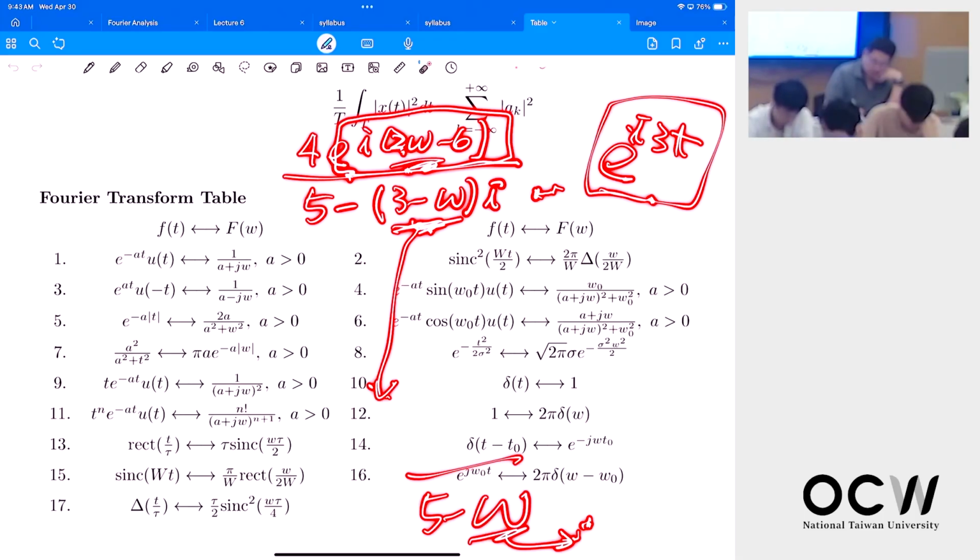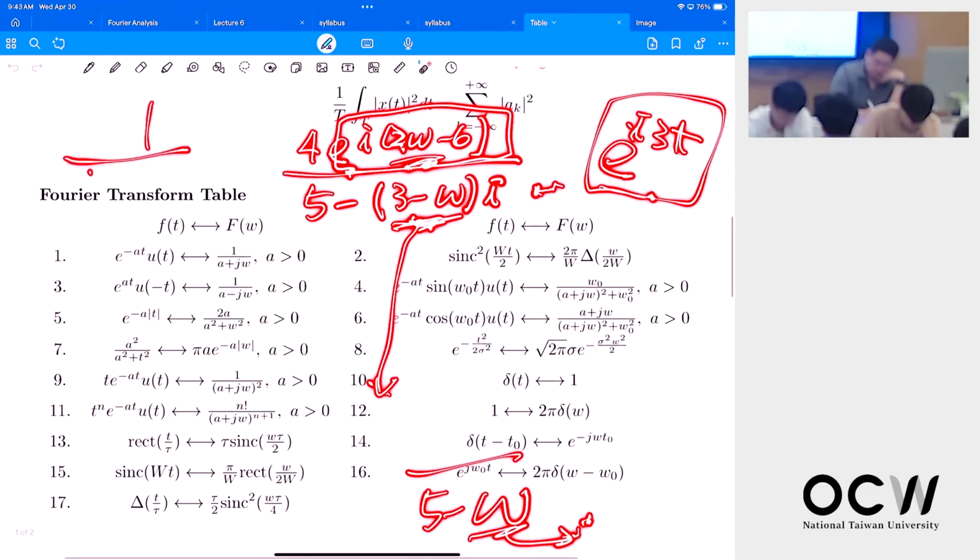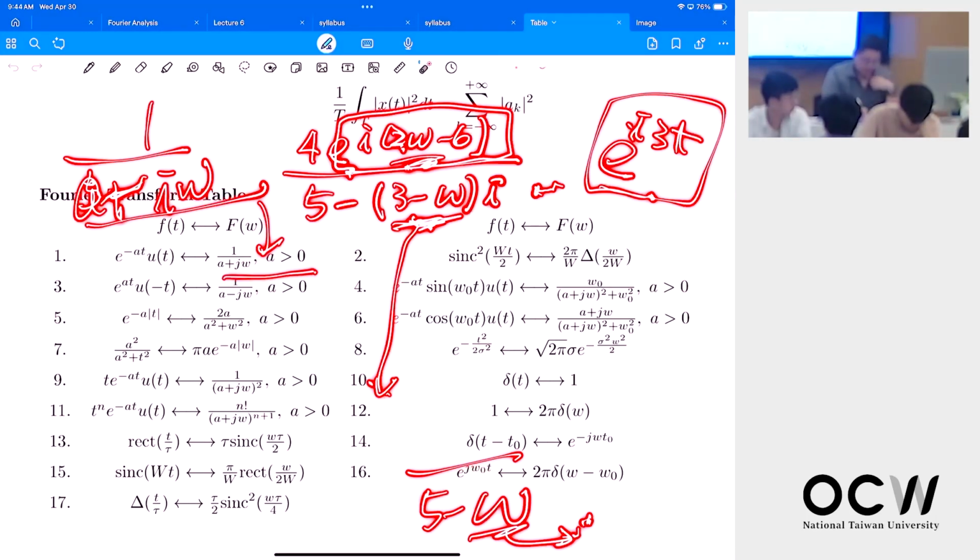The original form is 1 divided by a plus j omega, and still this one. Then, what is the final answer?